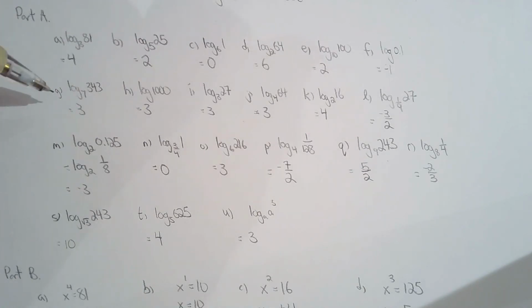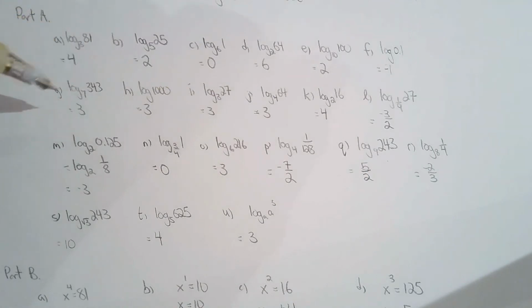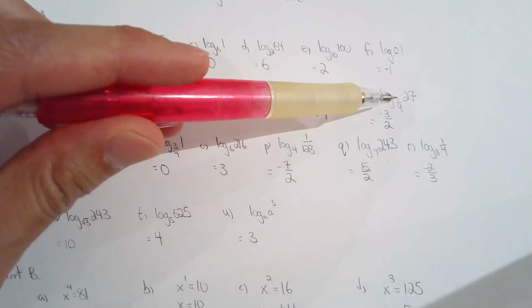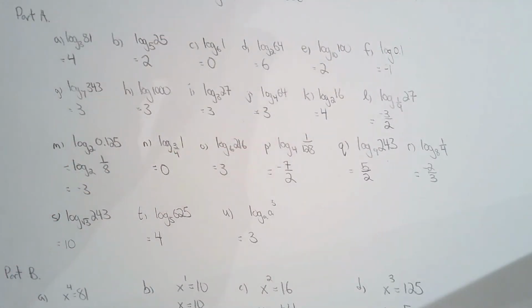Let's see, so G, H, I, J, K, L. Okay, G through K is once again pretty straightforward. You just have to memorize your powers. Now L, you have to be a little creative. 1 over 9 raised to the power of what will give you 27?